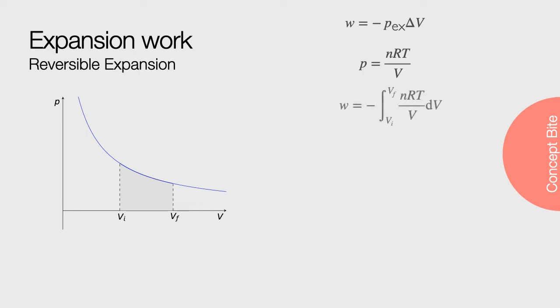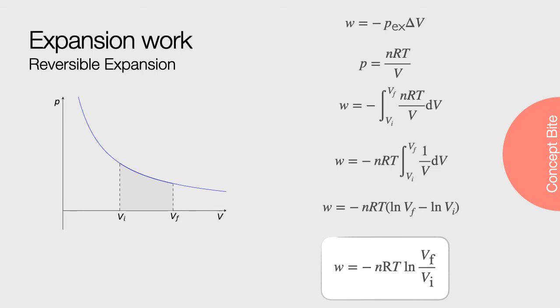Replacing P in my work expression and integrating with respect to volume, adding up lots of infinitesimally small changes between my initial and final volume gives me the expression from the previous slide. This is a very quick derivation of the work done in a reversible expansion, and I encourage you to sit down and work through this in your own time.